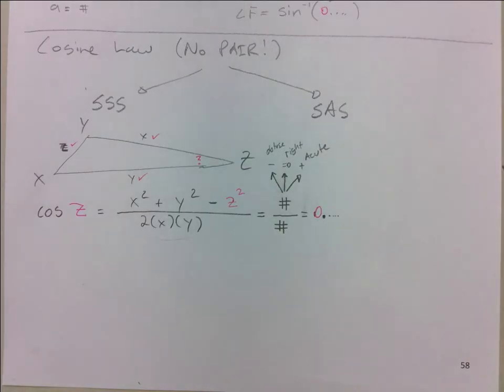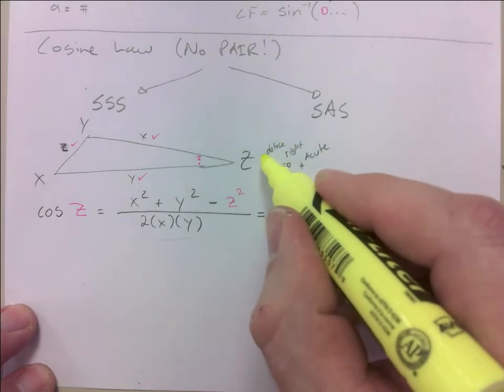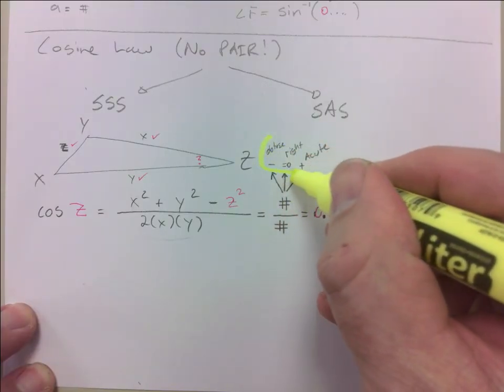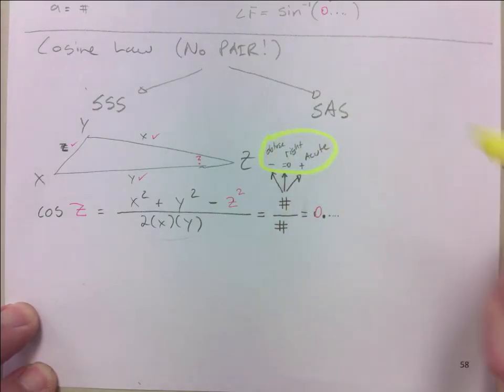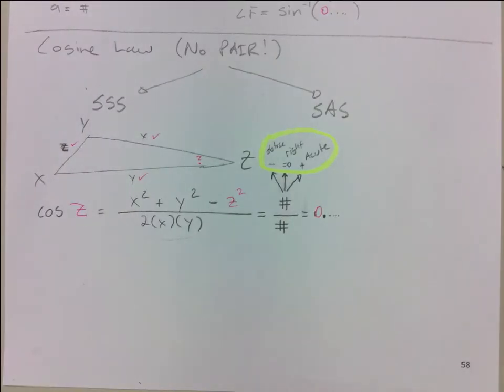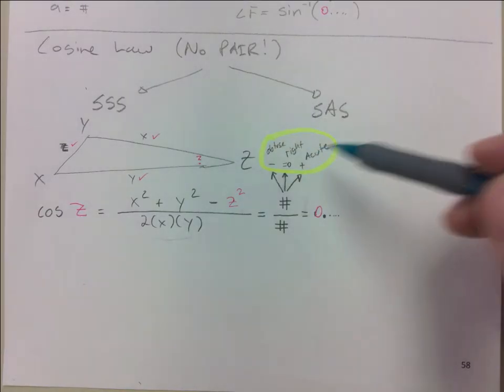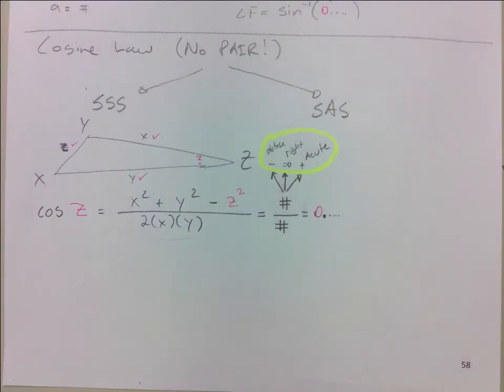Whoa, that's busy, right? I know. So I'm just gonna circle this. It could be negative, obtuse, that you're gonna get an angle bigger than 90. If it's 0, you get a right. If it's positive, you get an acute angle.